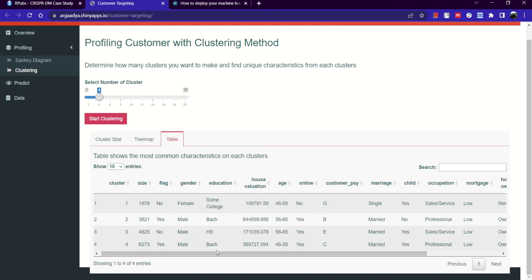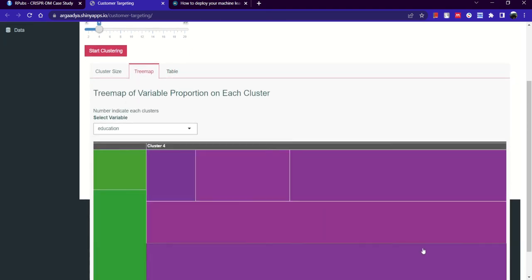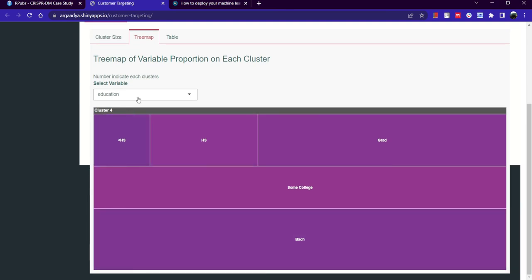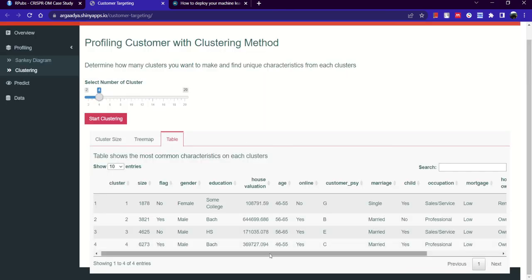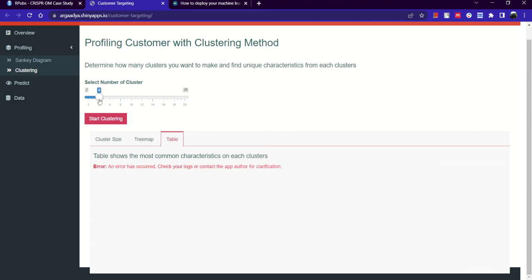The highest education is bachelor, which I believe is what we saw when we went to education. So it's very interesting. The age is this one. Online means whether the customer has experience purchasing online, then customer psychology, marriage, and so on. And of course you can play around with the increase and so on.